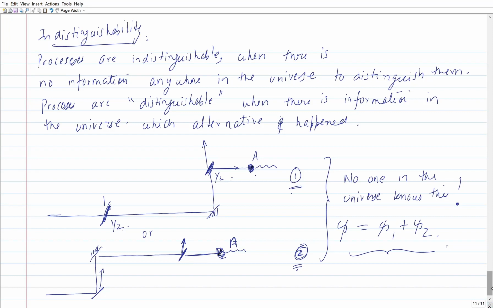So now the question arises, is there any way to see which of the alternatives happen? So we'll again draw the Mach-Zehnder interferometer. I have an incoming photon.